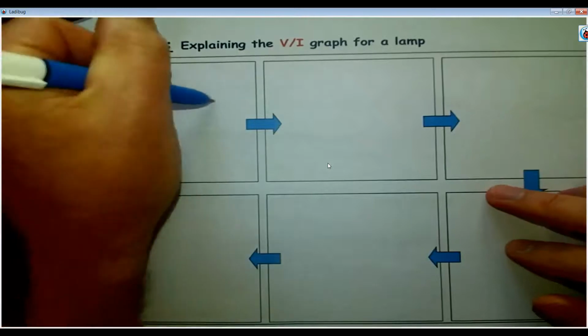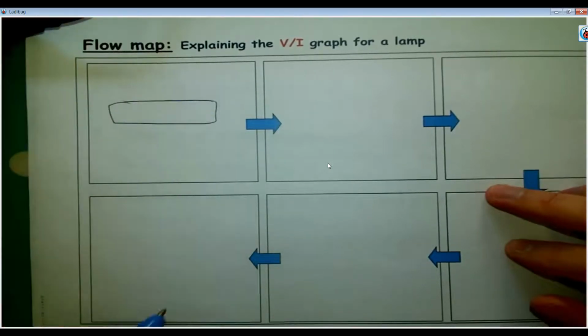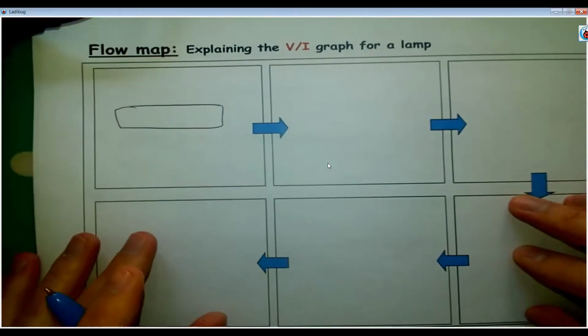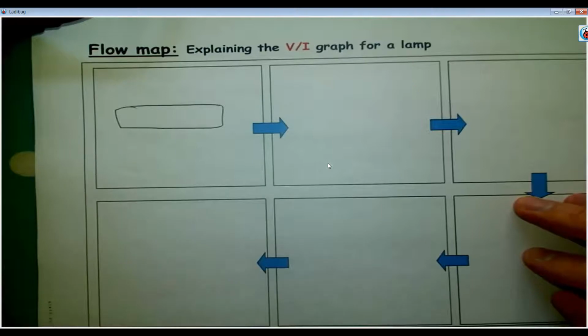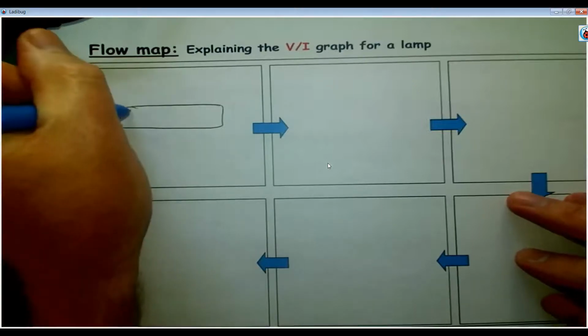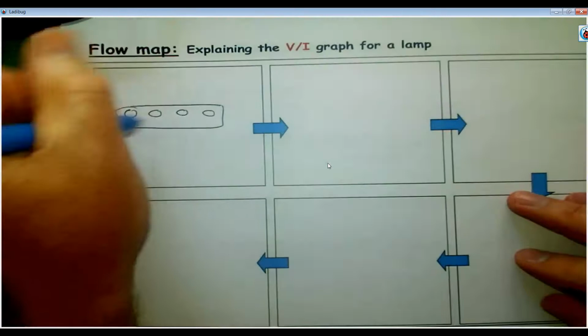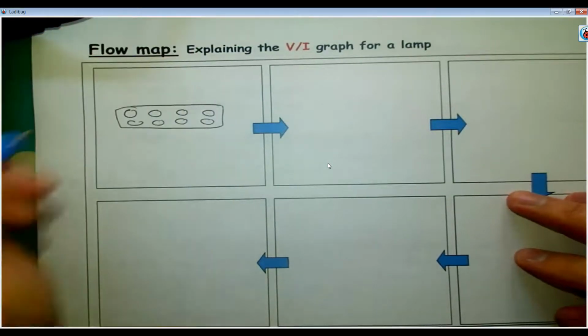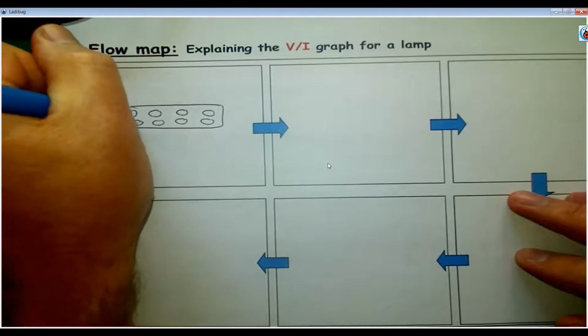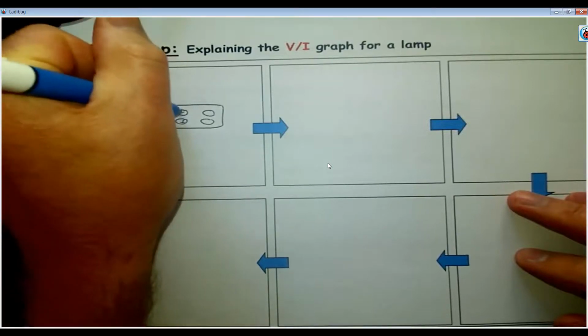Here's our wire, first of all, right? So that's our wire that is inside the bulb. So we've got our circles here, which represent metal ions.